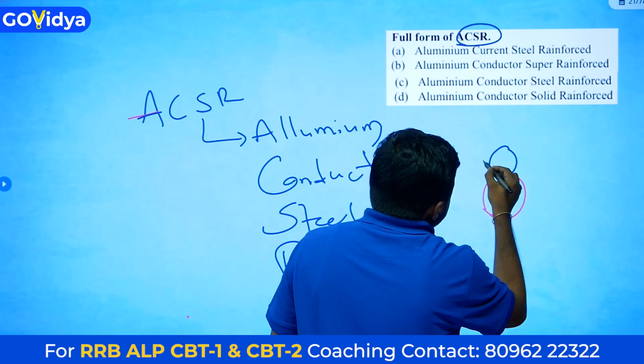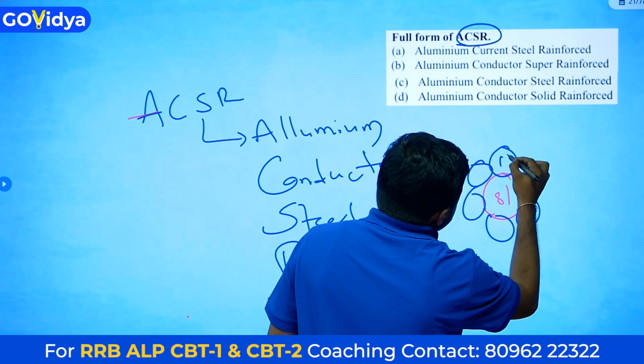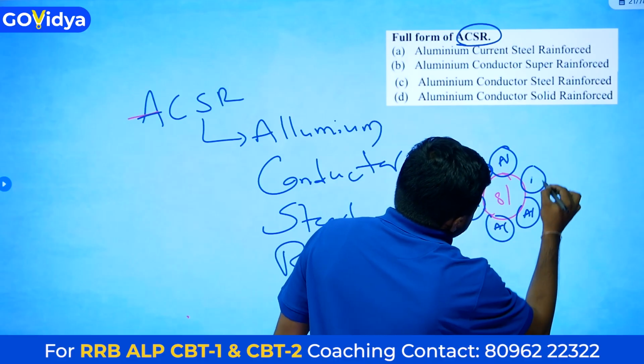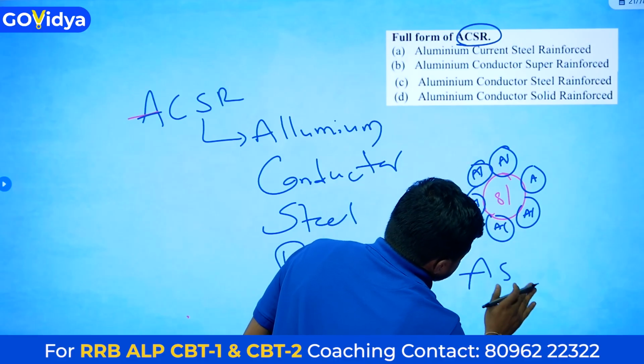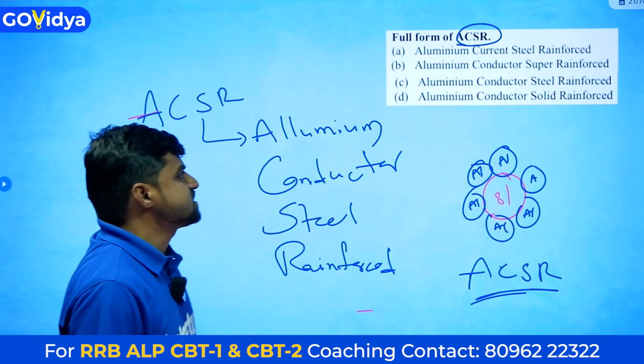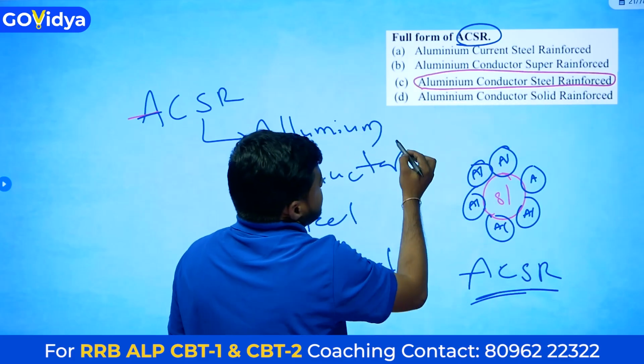Surrounding conductors are aluminum conductors. This is the ACSR conductor. From the options, option C is the correct answer. Aluminum conductor steel reinforced.